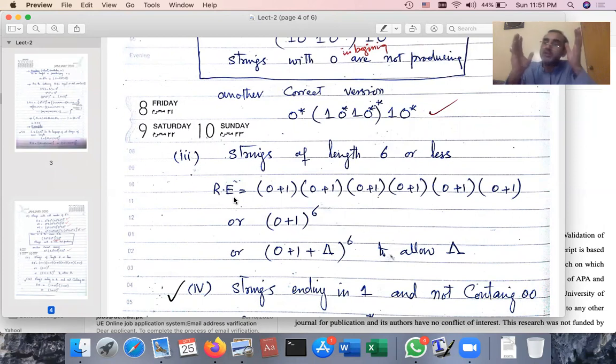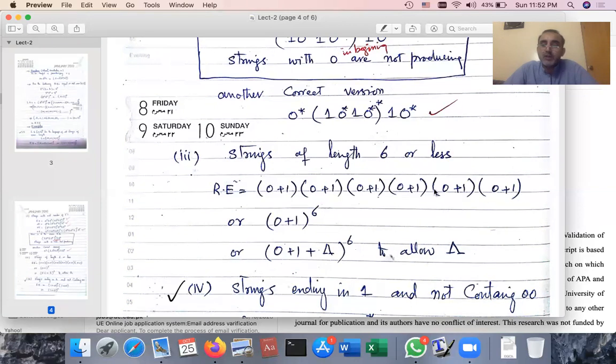So all strings of length 6 maximum or less, which means that the length can be 6, 5, 4, 3, 2, 1, and even null. So what I can generate: 0 or 1, 0 or 1 2 times, 0 or 1 3 times, 0 or 1 4 times, 0 or 1 5 times, 0 or 1 6 times.